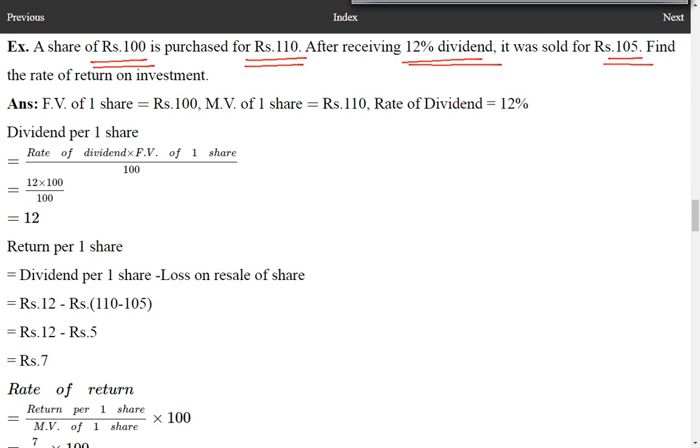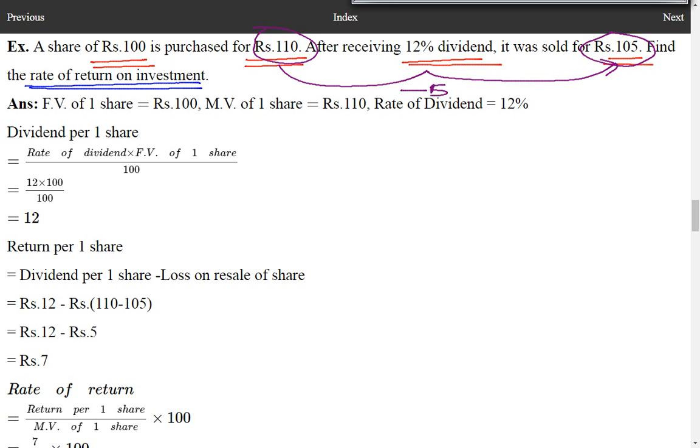We have to find rate of return on investment. First of all, note that there is a loss because a share of rupees 110 is sold for rupees 105.